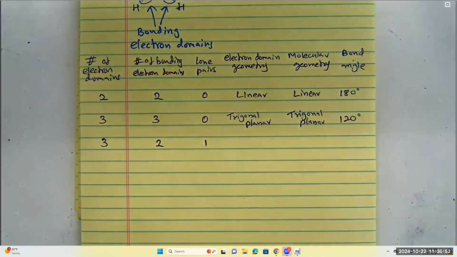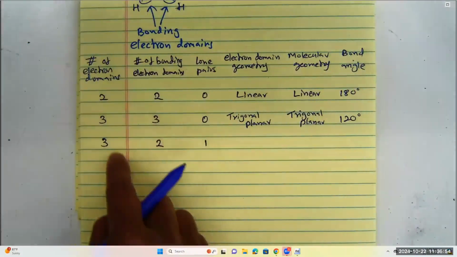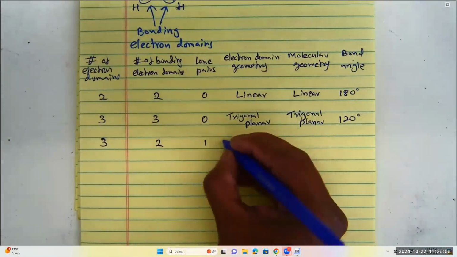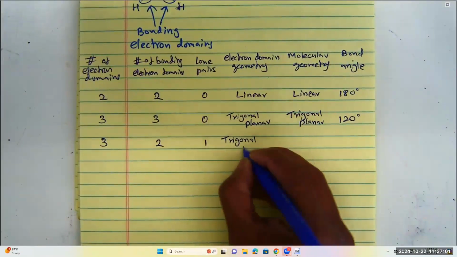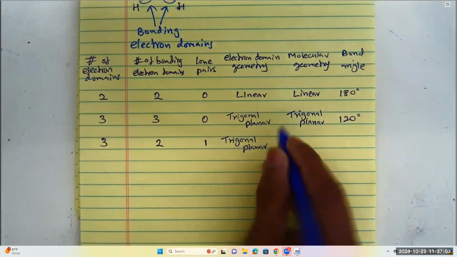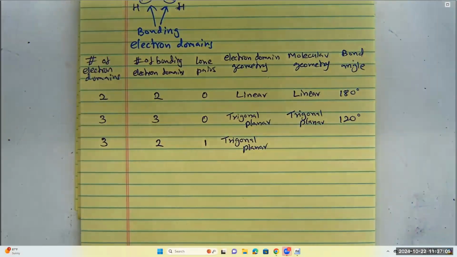Now, if this is the case, we know our electron domain geometry is still trigonal planar. We're talking about the 3 electron domains here. But the molecular geometry looks something like this.